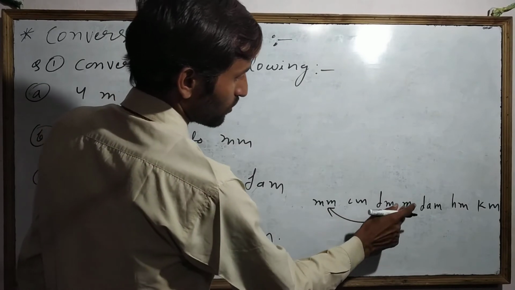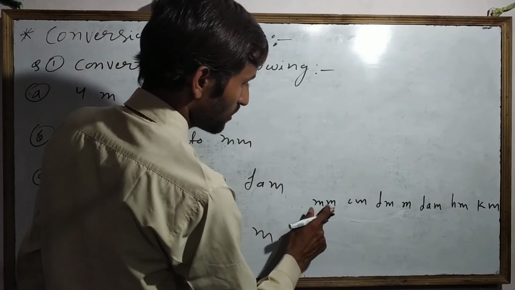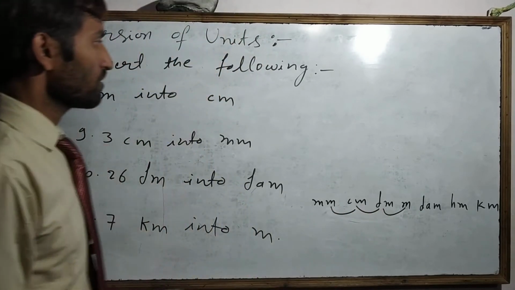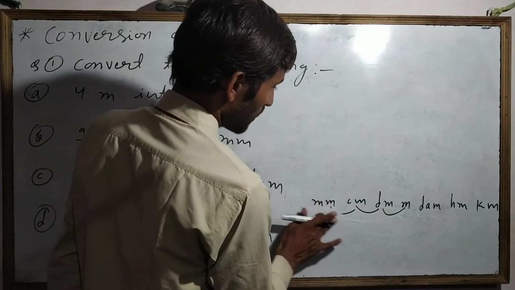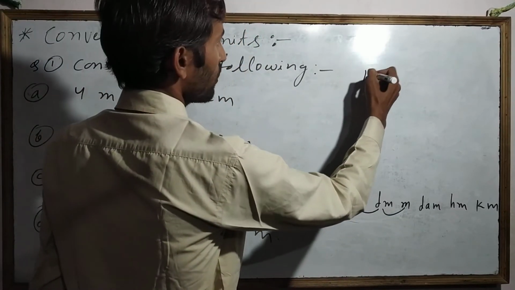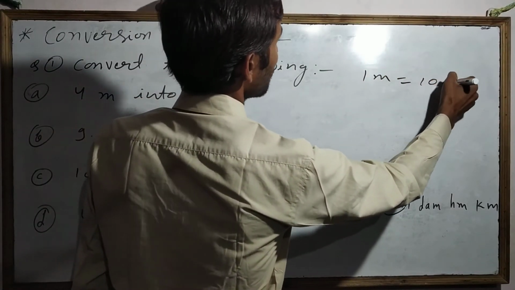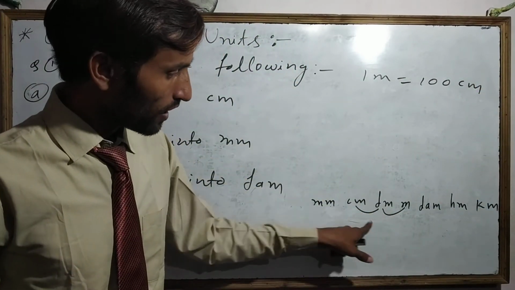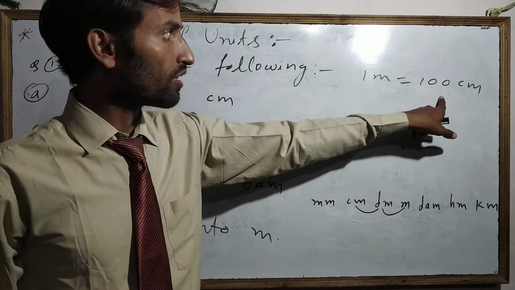How many gaps are there in between? 1, 2, and then 3. Sorry, we have to convert into centimeter only. Or you can remember 1 meter is equal to 100 centimeters, because 10 and again 10, means 10 times 10 is 100.